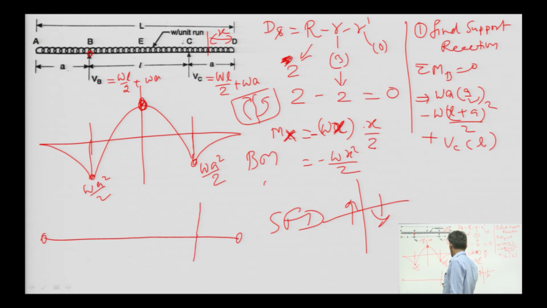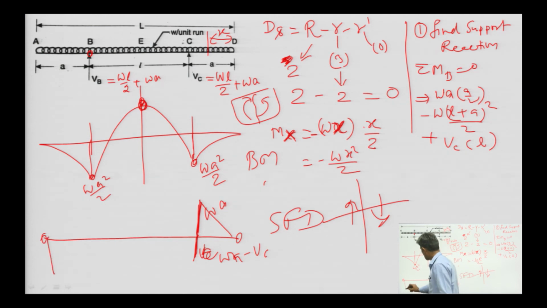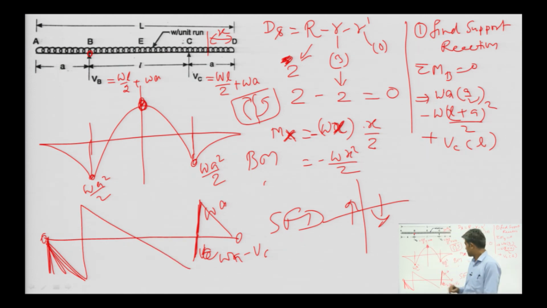This value is VC, this value is W into A, and this value is W A minus VC here. And this will be the diagram of the SFD.